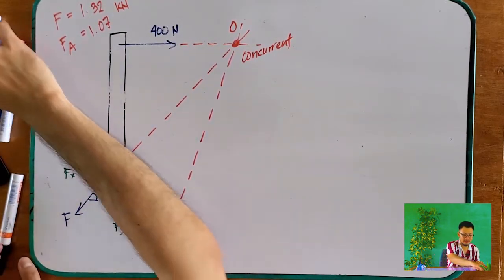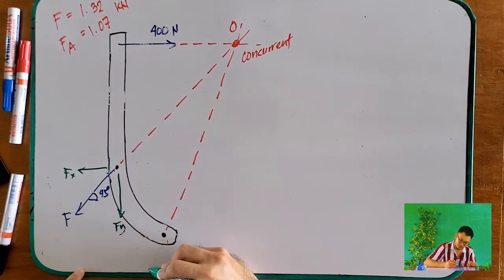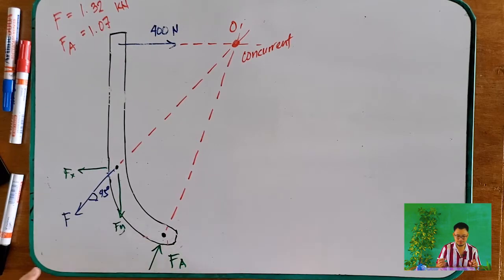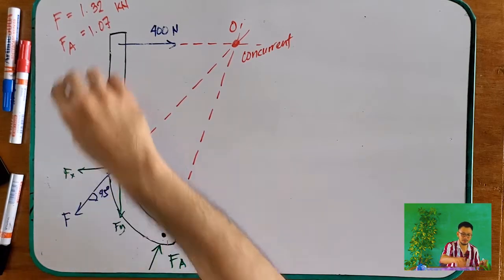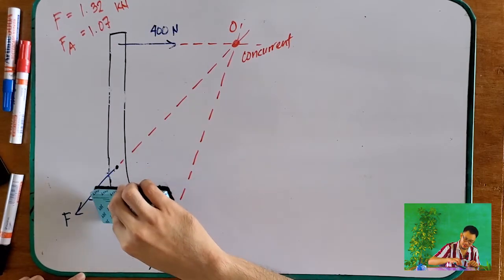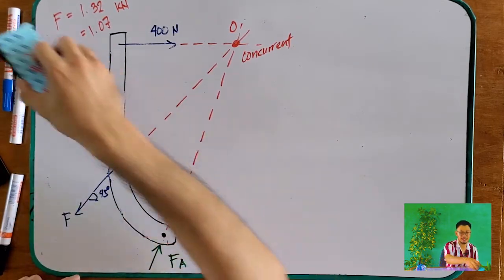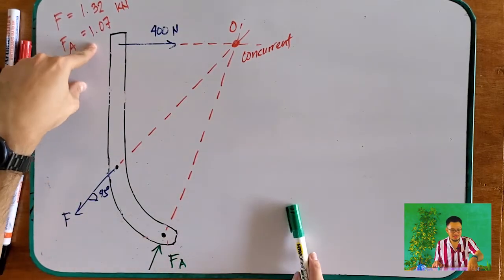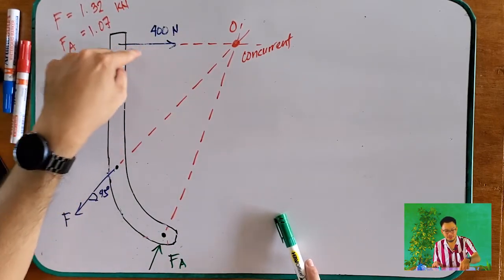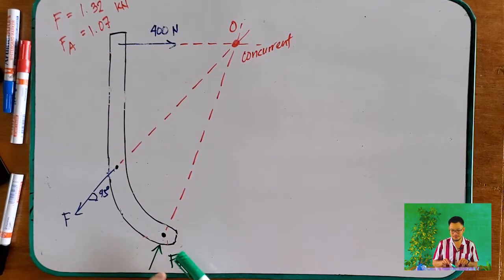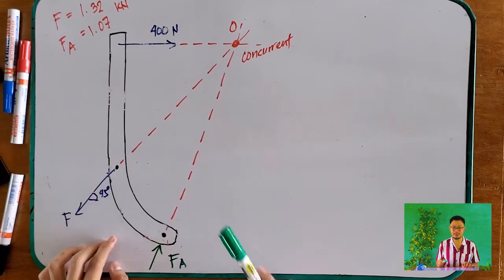So therefore, this is your FA. Okay? We don't have FX and FY because we are focusing now on the 3/4 member. So the concept of the 3/4 member has been applied. Your 400, your F and your FA are exerting on the same point, at point O.